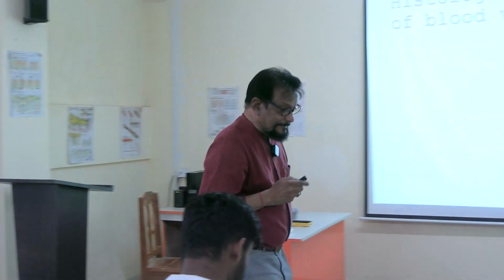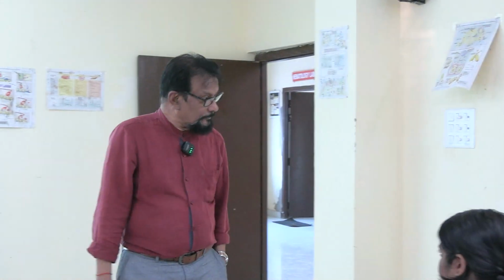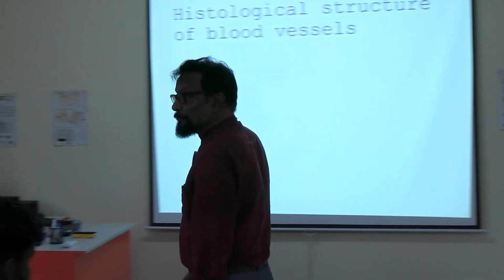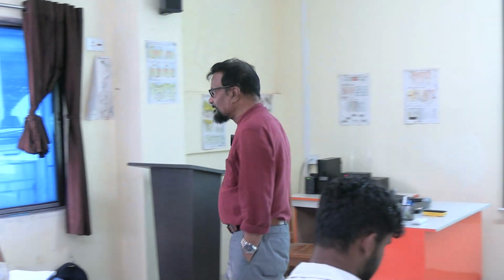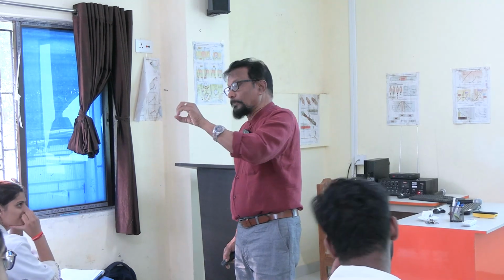Okay, so this layer is smooth. Not only this layer, these cells can produce so many things, so many local agents, local chemicals. They can impact the diameter of the vessel. For example, 5-hydroxytryptamine is secreted from these cells.